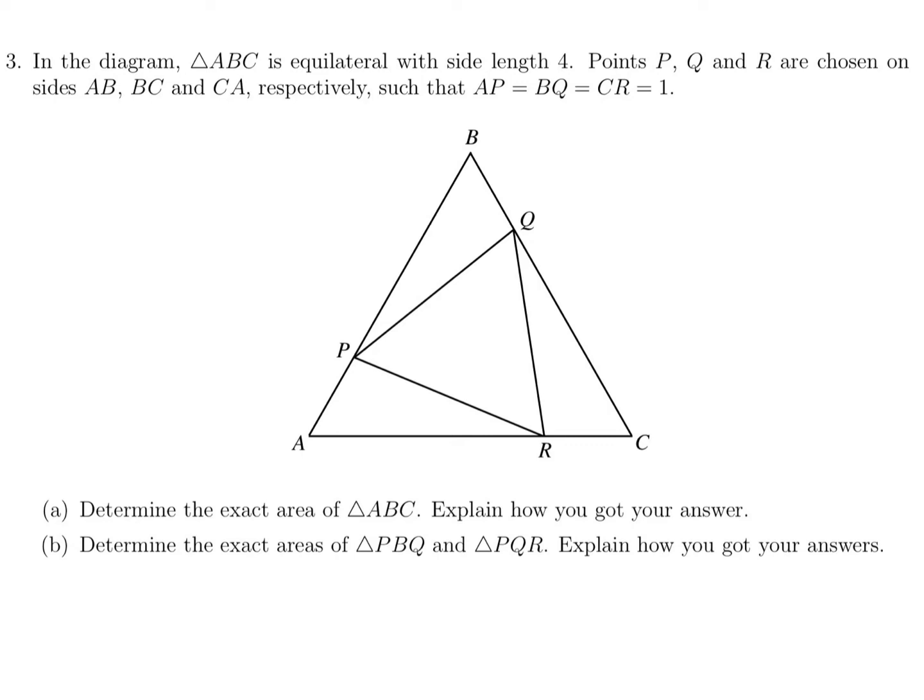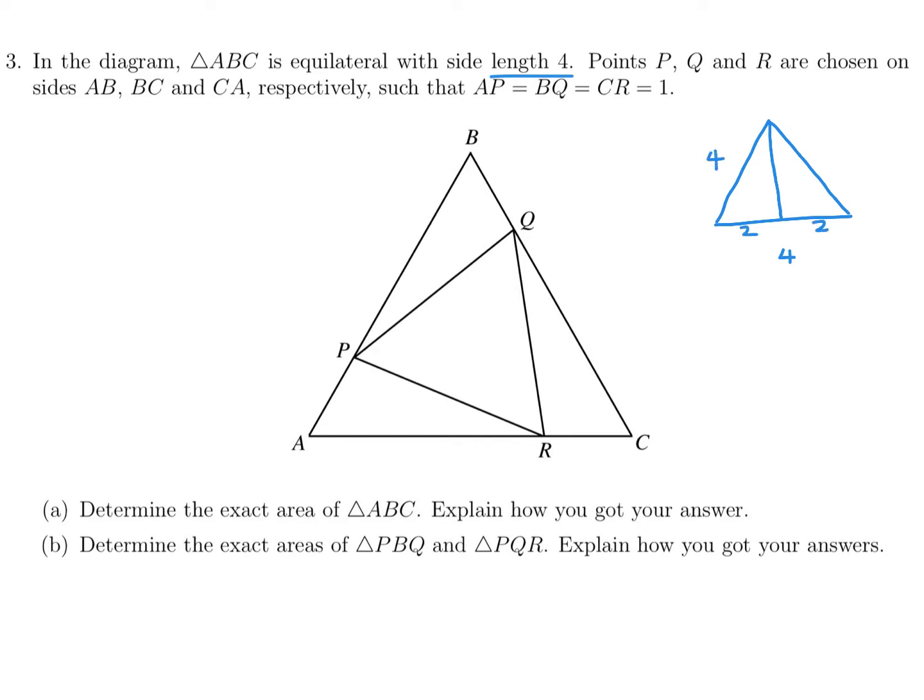Well, triangle ABC is, as they have mentioned, an equilateral triangle. And when you draw a perpendicular like that, it cuts that side into two equal halves. So if the full side length was 4, as they mentioned, this would be now 2 and 2.